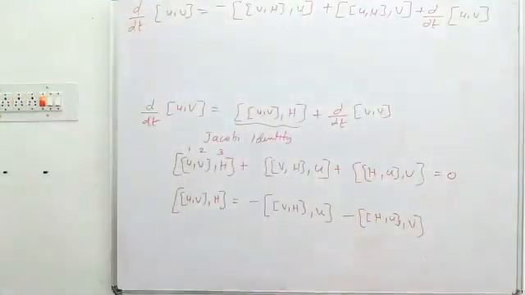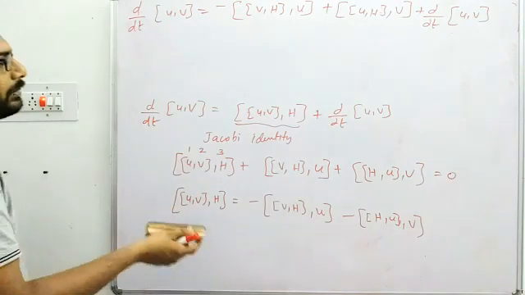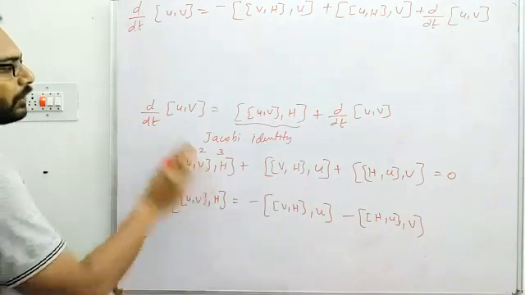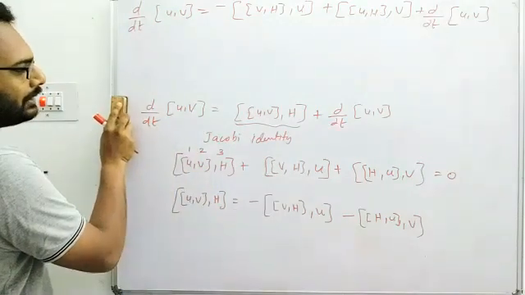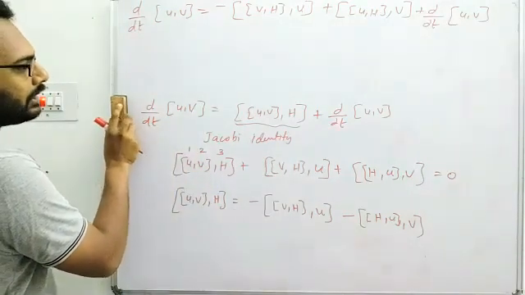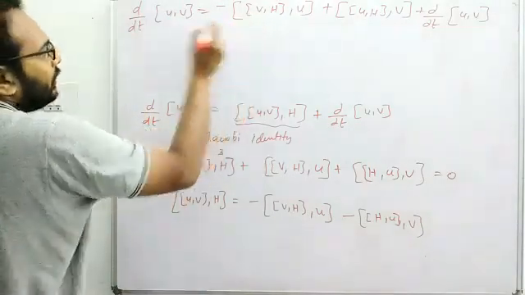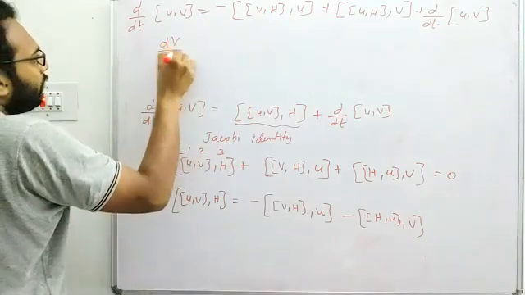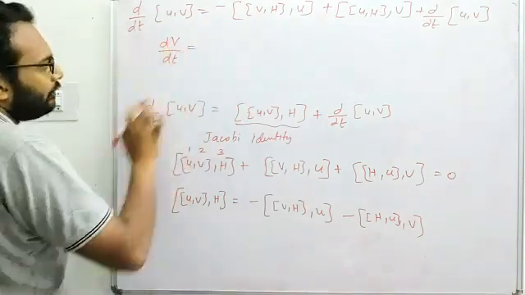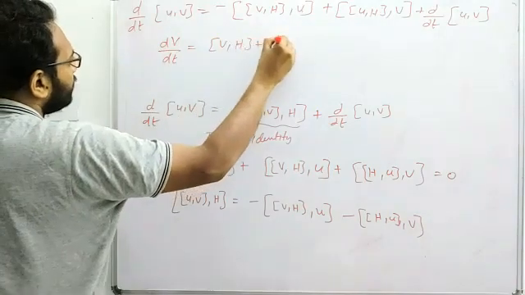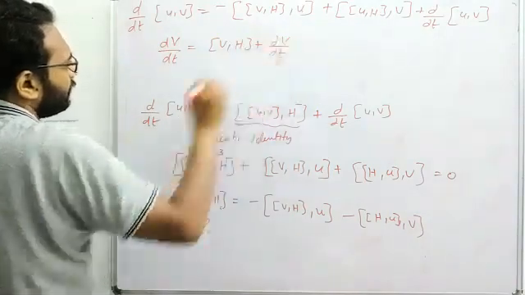Now what do we do? You may not be asked to prove this, but you may be asked in the options which among the following is correct, and they can give really confusing options. We know that dv by dt is {v, H} plus dou v by dou t. Am I right?